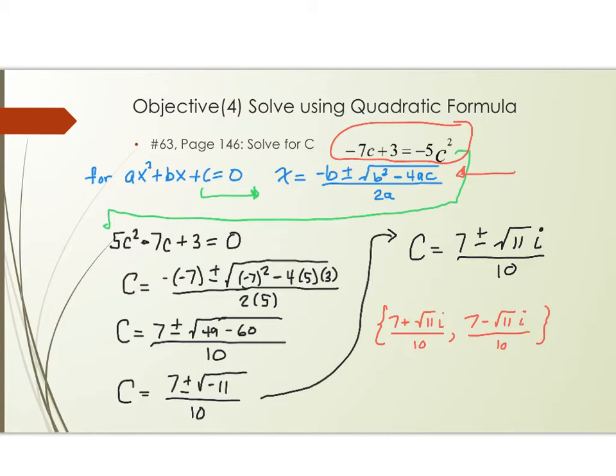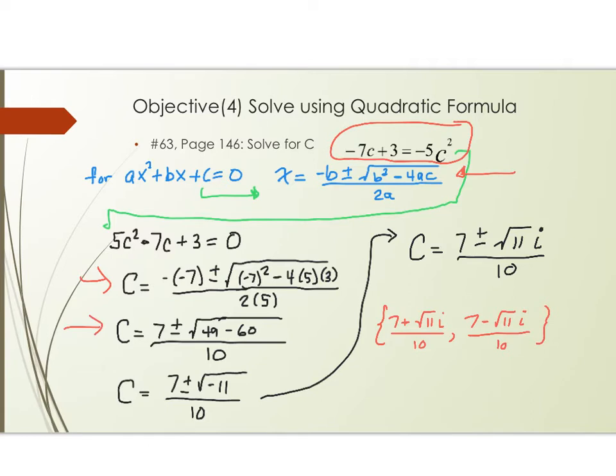Now I'm just going to substitute the coefficients in for the letters of the quadratic formula. So c is equal to negative negative 7 plus or minus the square root of negative 7 squared minus 4 times 5 times 3, divided by 2 times 5.